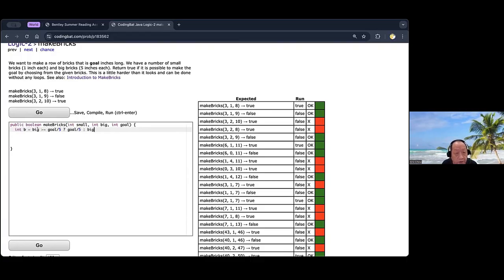Otherwise, you use the big one's number. So that's the B that you will use. Then you return if the small one is greater or equal to goal minus the big one that you use times 5. This will be the answer.